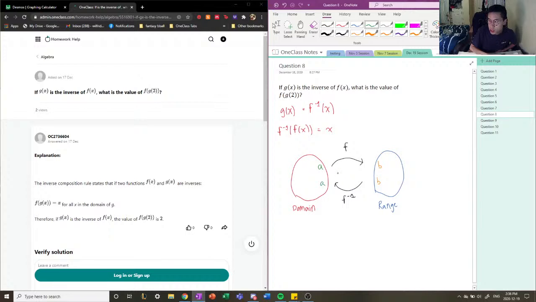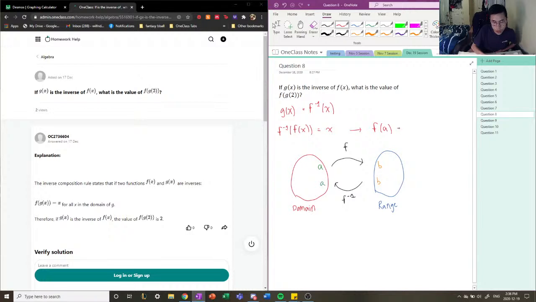So what does a compositional function do? A compositional function takes the range of the inside function and uses it as its domain, and it pops out a value itself. Let's say that in our example we have f of a.